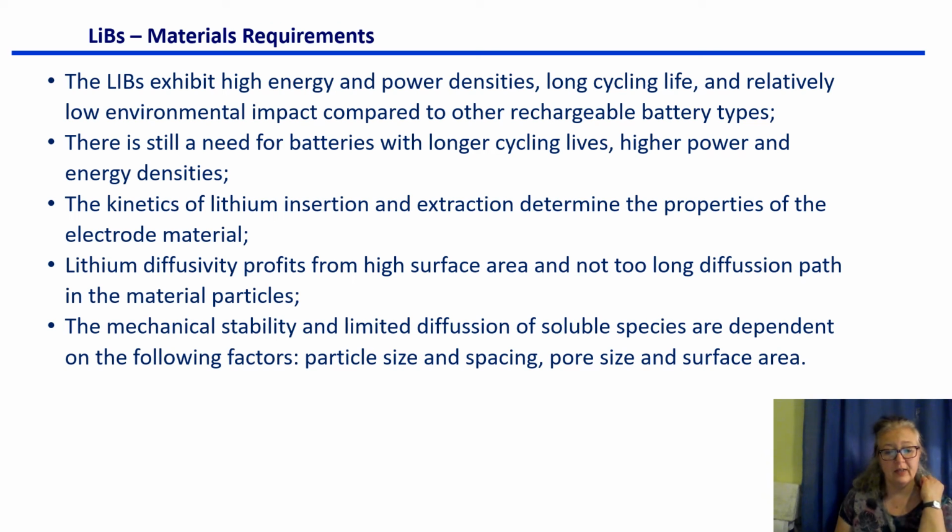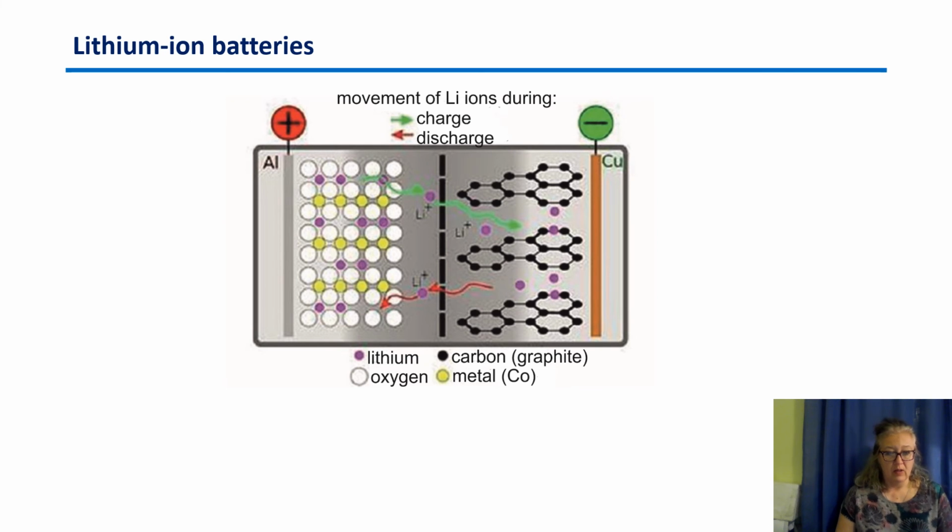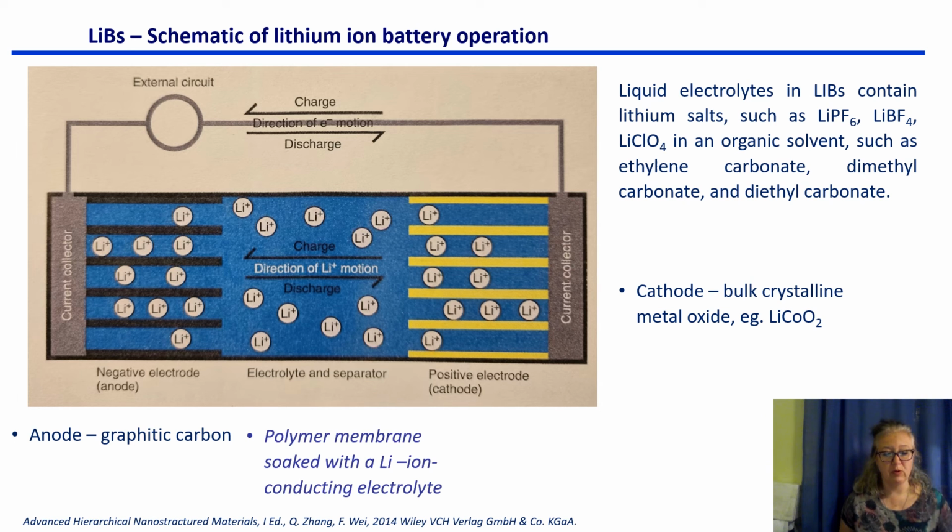The positive electrode is composed of lithium intercalation material, generally a bulk crystalline metal oxide such as lithium cobalt oxide, and the negative electrode is composed of lithium host, traditionally graphitic carbon, which is electrically separated by a polymer membrane soaked with a lithium-ion conducting electrolyte.